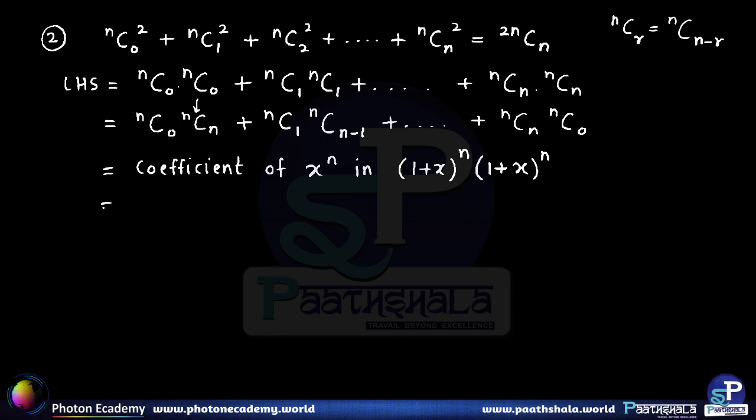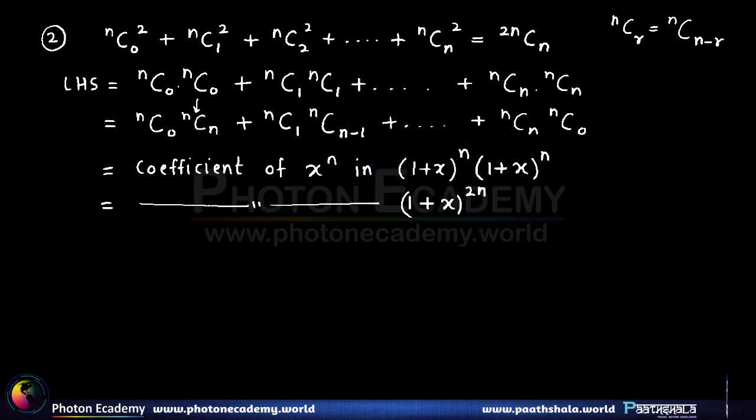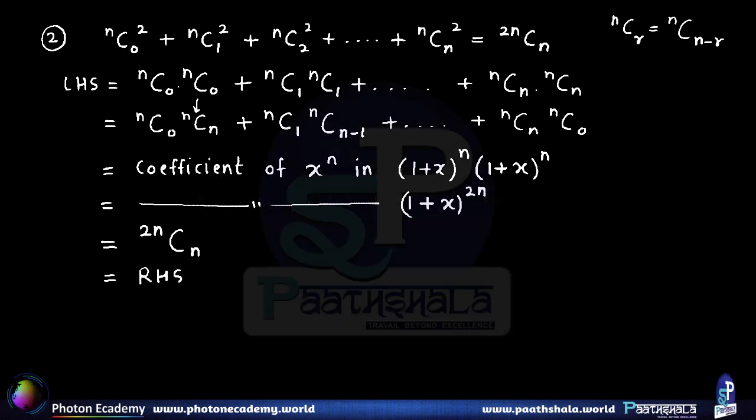So this is nothing but the coefficient of x raised to n in (1 plus x) the whole square and that raised to n, so that gives us (1 plus x) raised to 2n, and the coefficient of x raised to n in (1 plus x) raised to 2n is nothing but simply 2nCn, which is nothing but the RHS. So this again proves the required result.